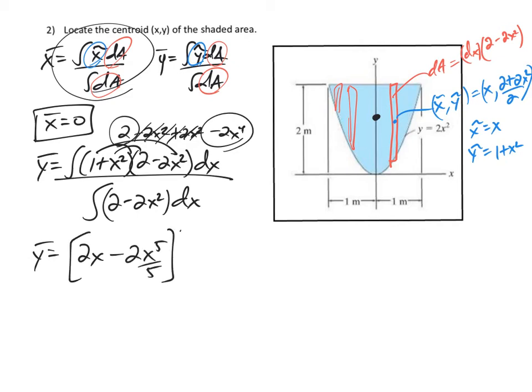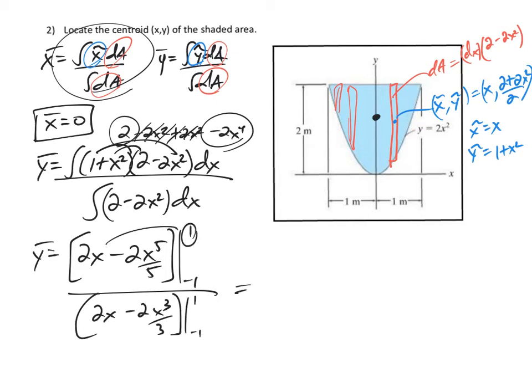And I need to evaluate this from, where do I need to evaluate it from? -1 to +1. Okay. And the denominator, the integral of 2 is 2x, the integral of -2x squared is -2x cubed over 3. Evaluate this from -1 to +1. So plug in 1 here, then subtract. Plug in 1: 2 times 1 minus 2 times 1 to the 5th over 5.